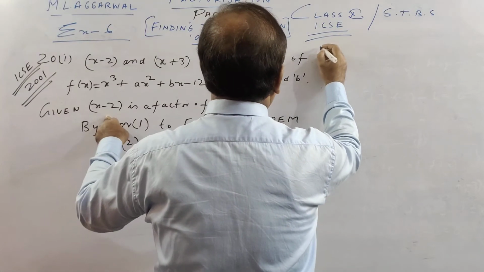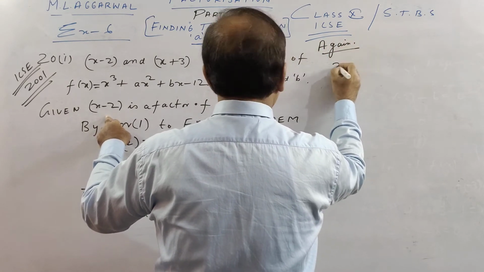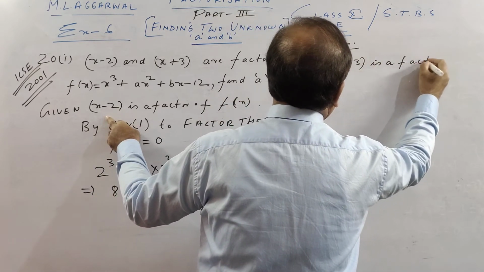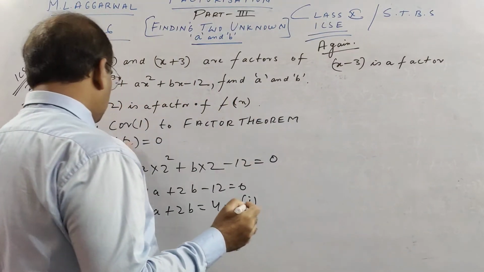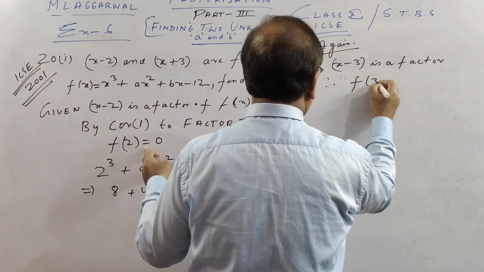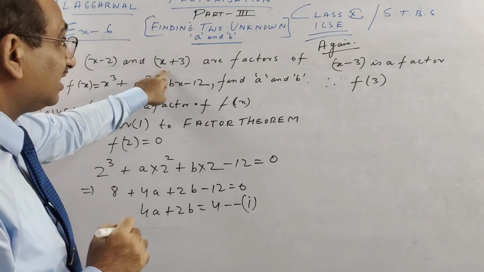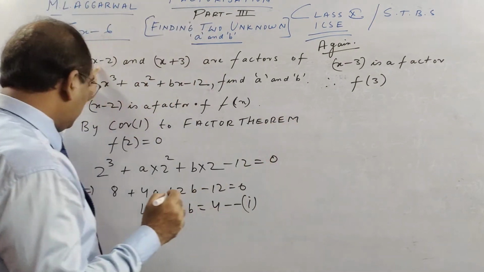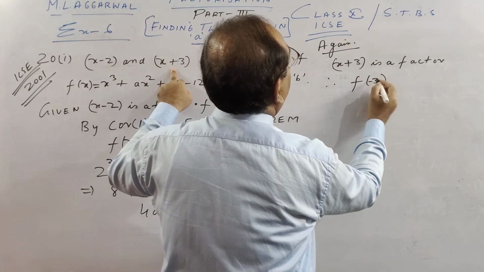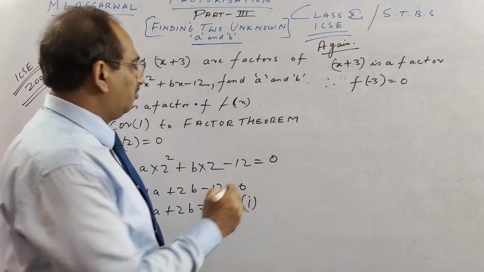Here again you may write or may not write: x plus 3 is a factor, so therefore f(minus 3). Remember, minus became plus. It is plus, so f(minus 3) will be 0 by corollary 1 to factor theorem.